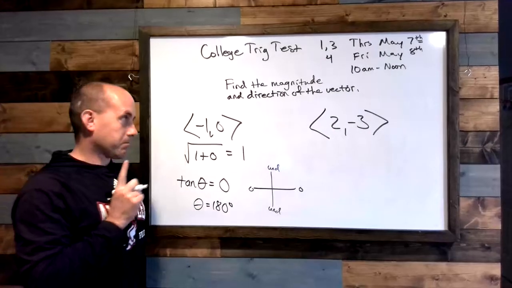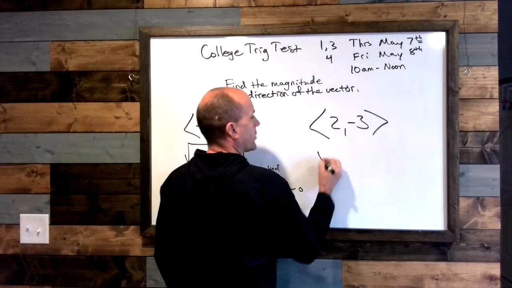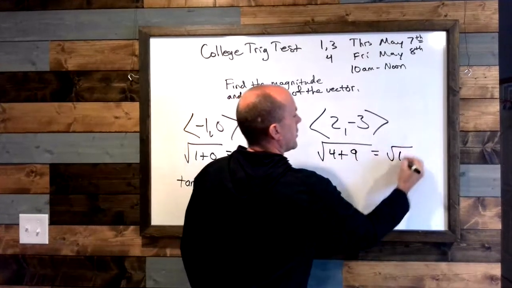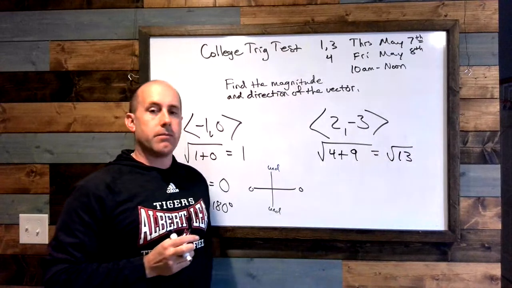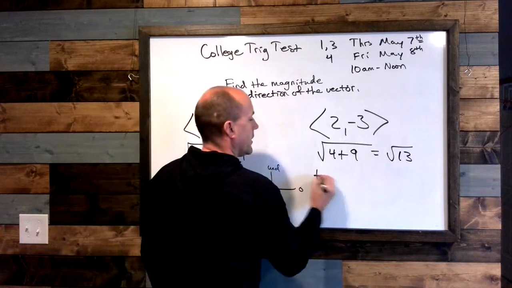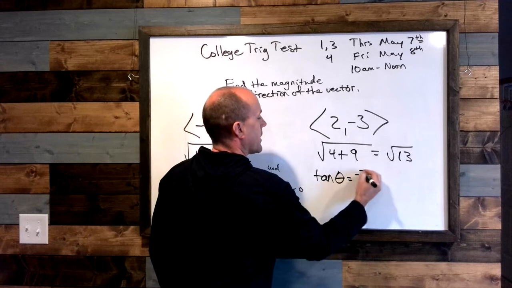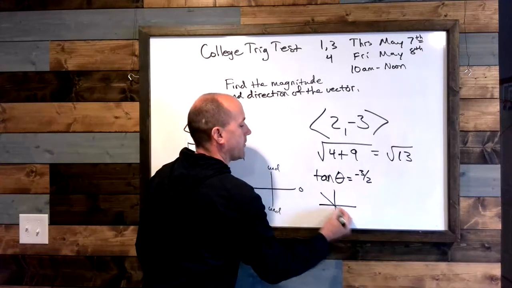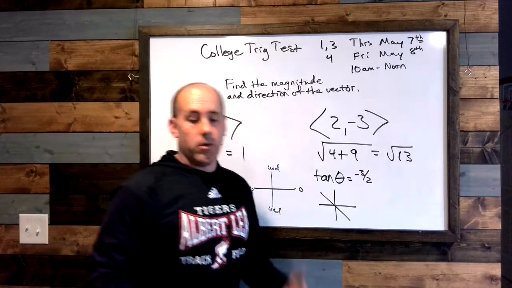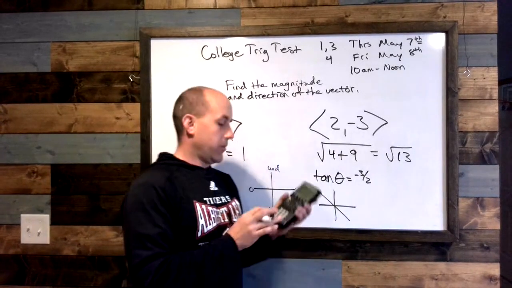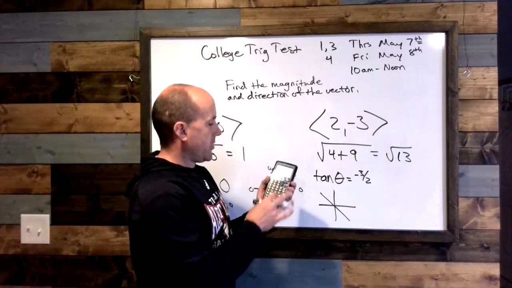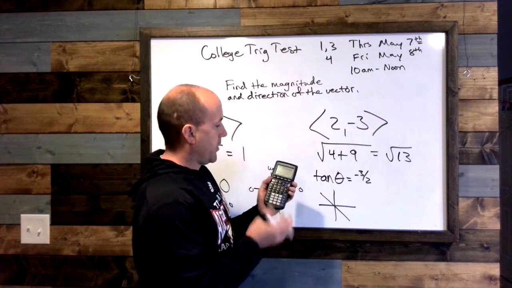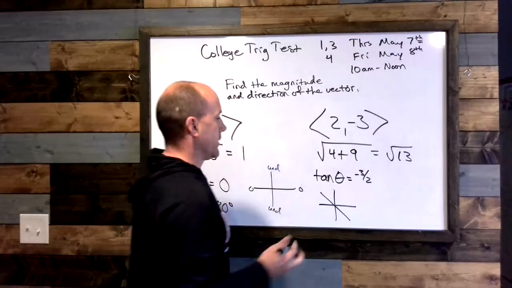That's your angle. For this one, we have the square root of a squared plus b squared, root of 13. Okay, now we got the root of 13. Now we find our angle. Tangent of theta is equal to -3 over 2. Tangent is negative in the second and the fourth quadrants. I don't know where tangent's equal to 3 over 2. So I take my calculator, tangent inverse of 3 divided by 2, and it says 56.31 degrees.